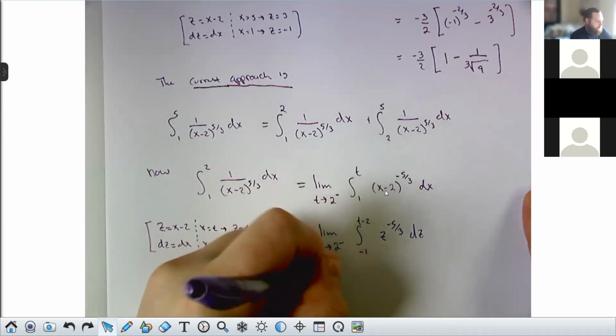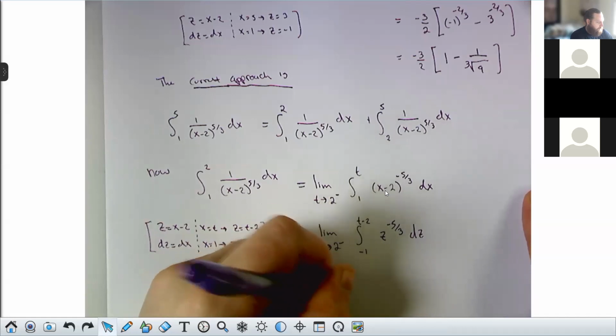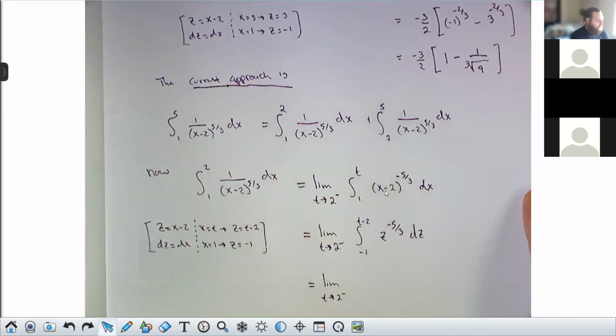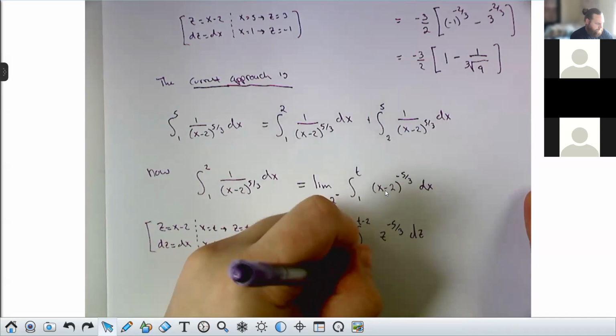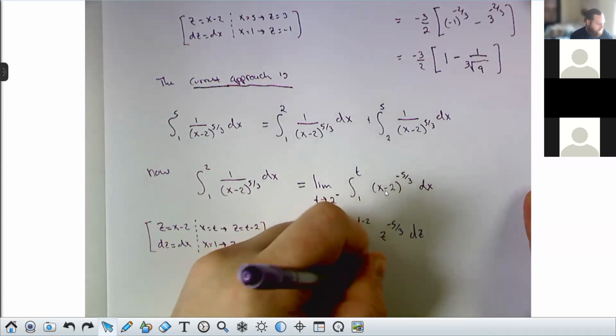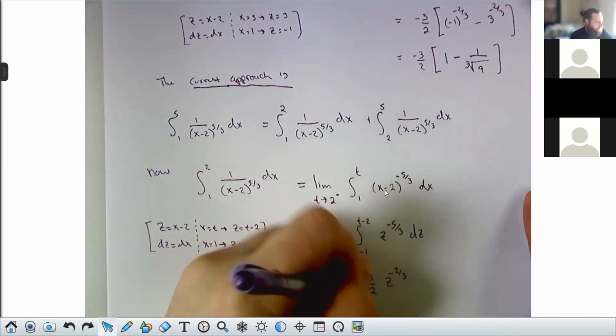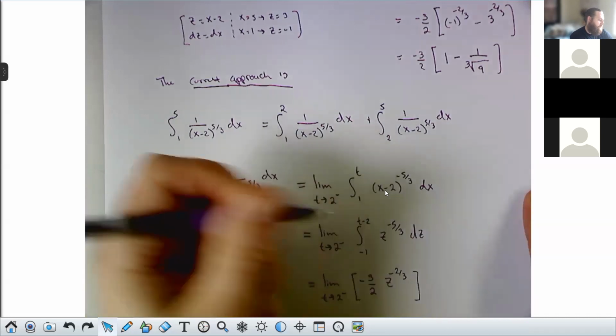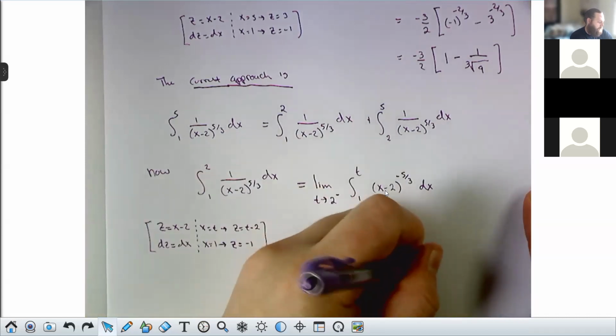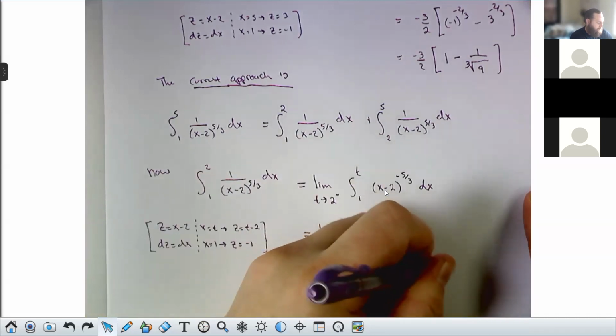Which is the limit as t goes to 2 from the left. The antiderivative step here was fine before. It's negative 3/2 z to the negative 2/3, and we're evaluating from negative 1 up to t minus 2.